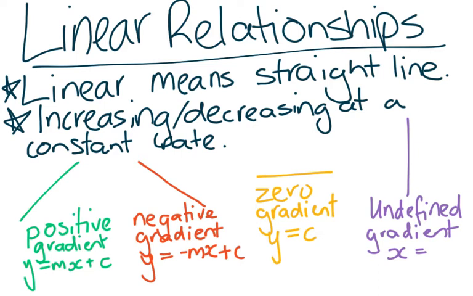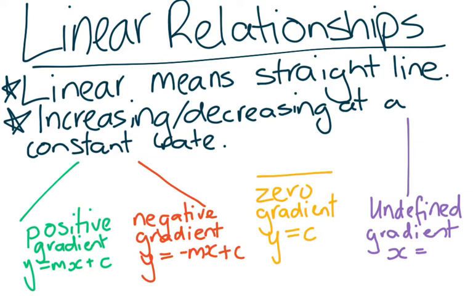The steeper the line, the bigger the value for the gradient. So for example, a line with a gradient of 10, so that's increasing by 10 each time. So that shows us quite a steep gradient, whereas something like going up by 2 is a lot flatter if we were to compare them.